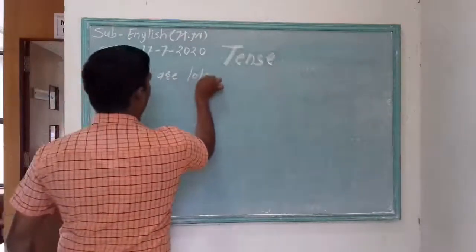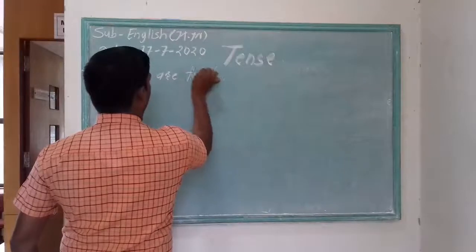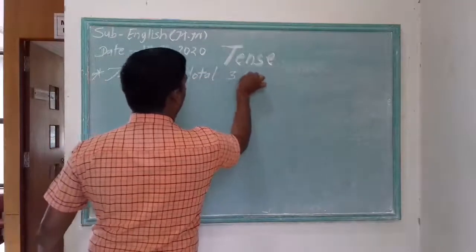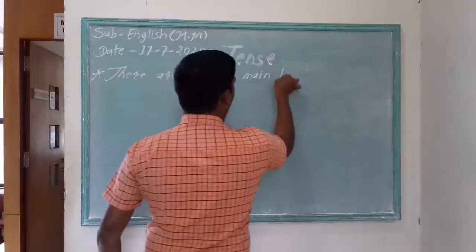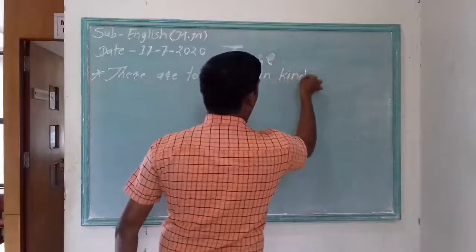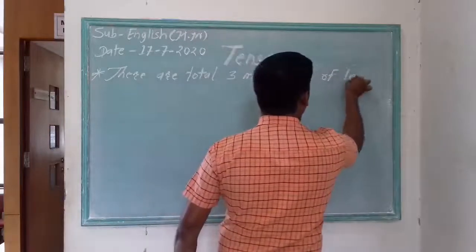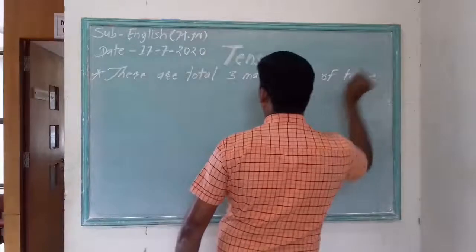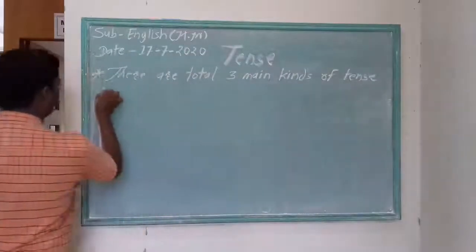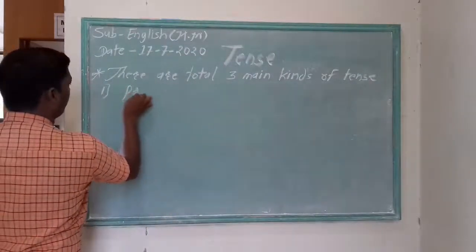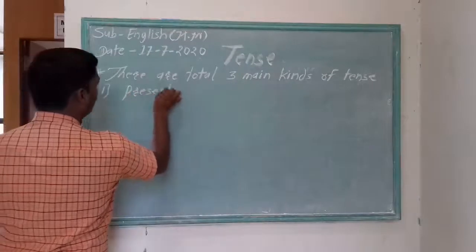There are a total of 3 main kinds of tense. First one is present tense.